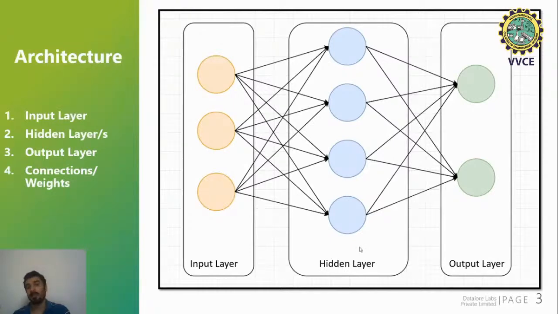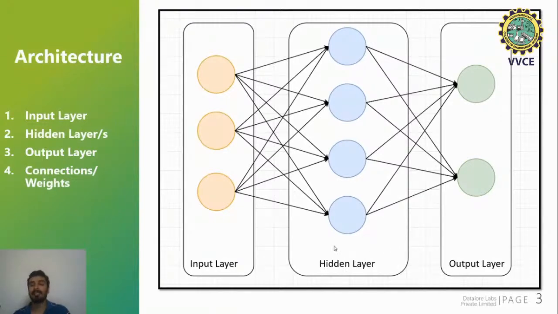In such a case, it's called a deep neural network, or the entire problem can be called a deep learning model. Although it's a very loose definition of a deep learning model, it's still called a deep learning model because your neural network becomes a deep neural network.